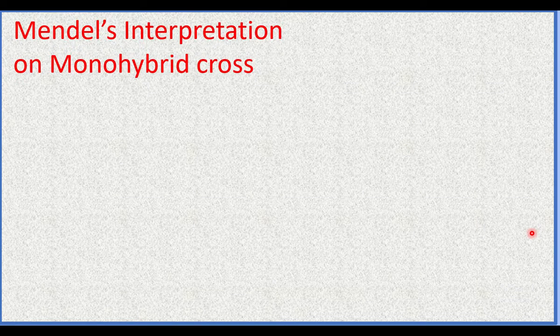Mendel came to some conclusions, some interpretations after the monohybrid cross or monohybrid experiment. He used the term factors. According to Mendel, a character is controlled by a pair of factors. Now the same factors are called genes.